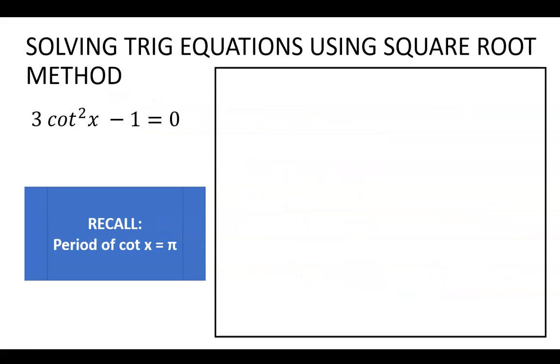Okay, in this one, we're going to solve this one by square root method. In square root method, you'll recall that we have to get everything away from that squared. So I'm going to first start by moving my 1 to the other side. So now I have 3 cotangent squared x equals 1. I divide by my 3.